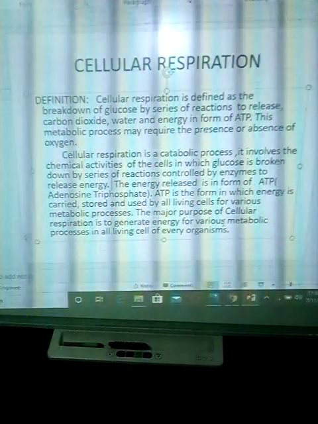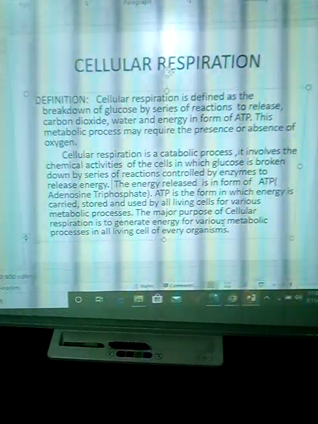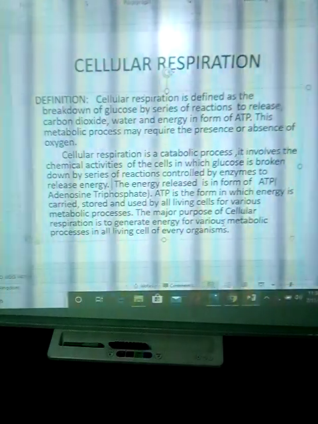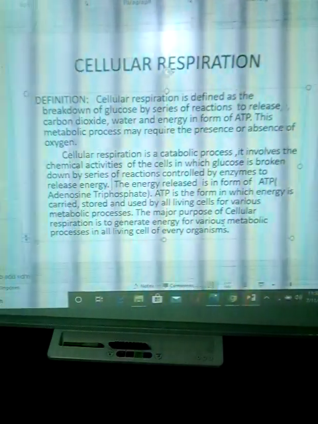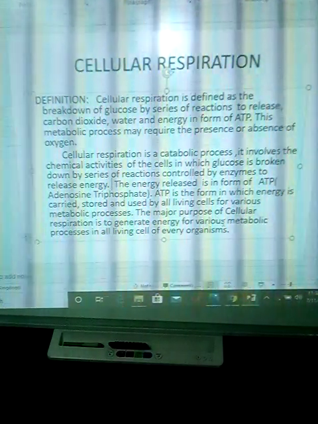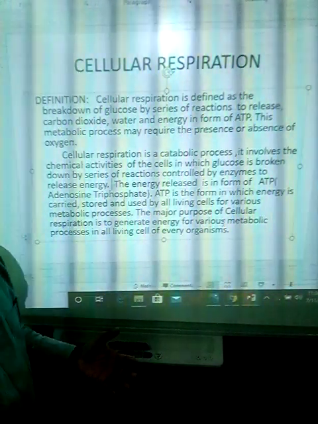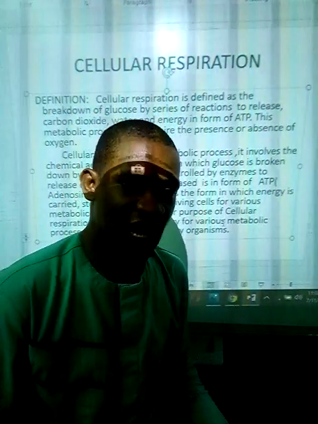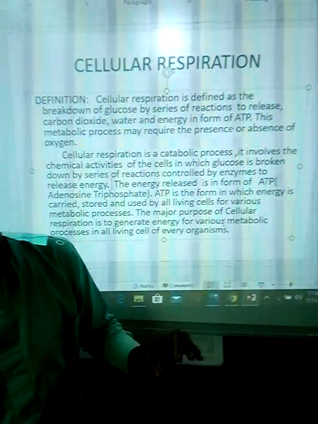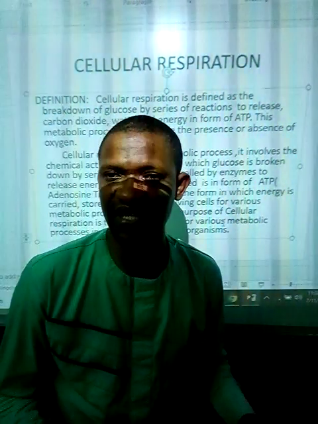The energy is released in form of ATP, adenosine triphosphate. ATP is the form in which energy is carried. In fact, the currency of energy in the cell is ATP.